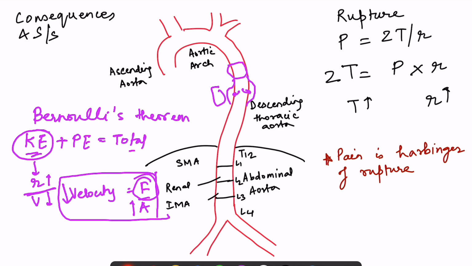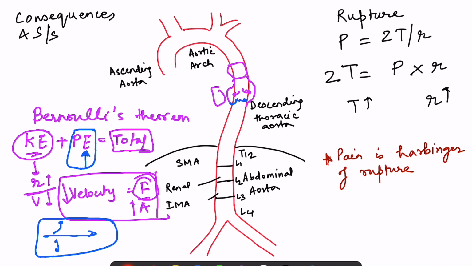But because the sum of kinetic energy and potential energy is constant, when kinetic energy decreases, potential energy increases. So that means the lateral pressure which is being exerted on the vessel wall is going to increase. Understanding? So one is forward energy and one is this lateral pressure. Total energy is constant. So forward we are telling about kinetic energy because of the flow, and then there is pressure exerted on the vessel wall.